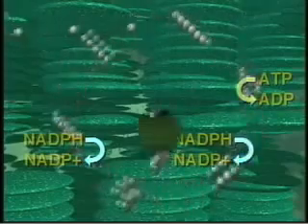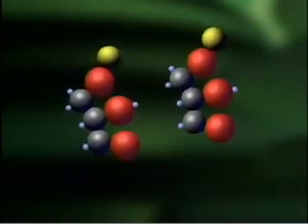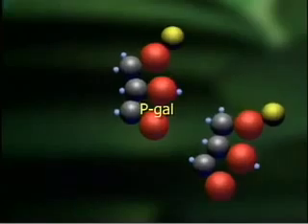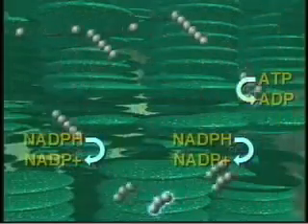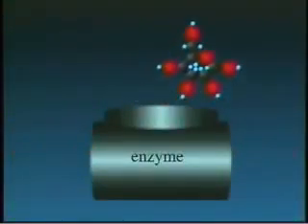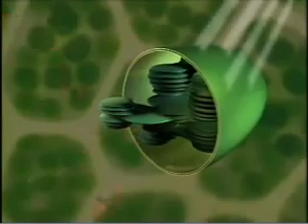This cycle produces a kind of molecule with a rather intimidating name of phosphoglyceraldehyde, PGAL for short. Some of the PGAL molecules keep the cycle rolling, and some of the 3-carbon PGALs enter an enzyme that unites them to form the 6-carbon sugar glucose. That's what your 3rd grade teacher was talking about. Carbon dioxide in, light on, out comes oxygen and glucose sugar.